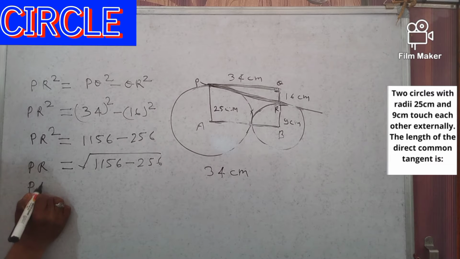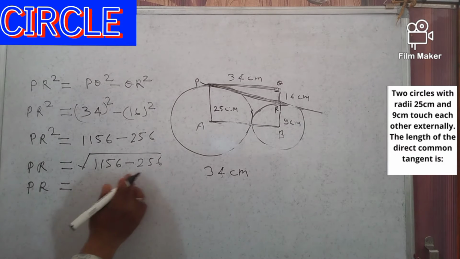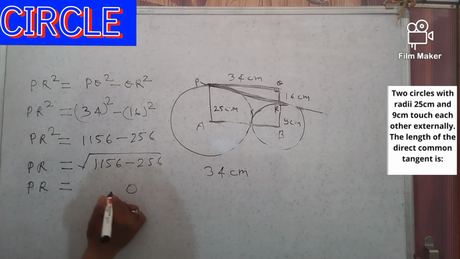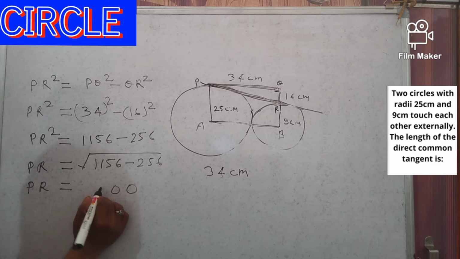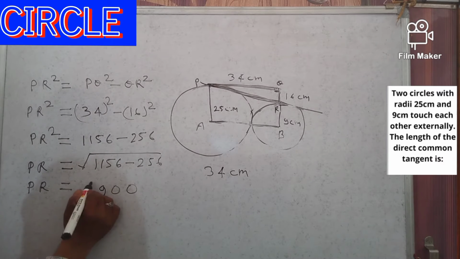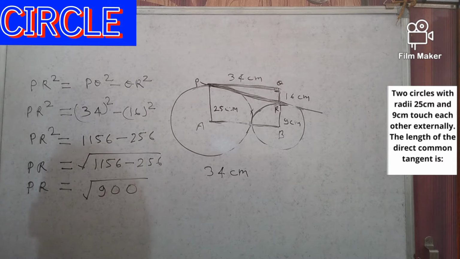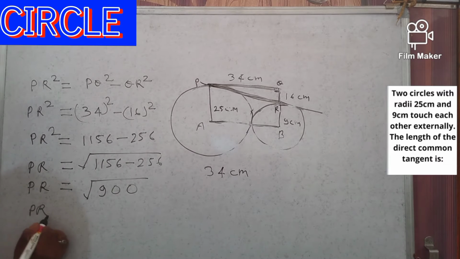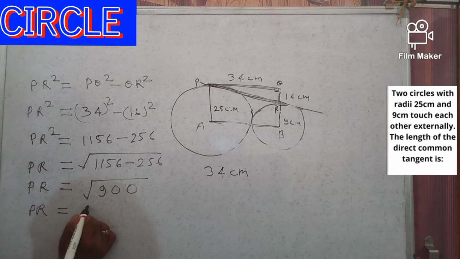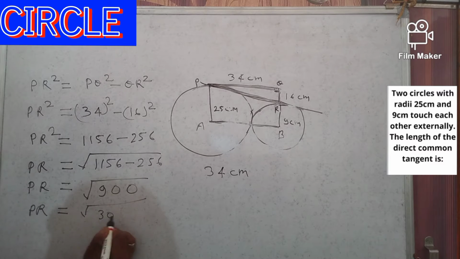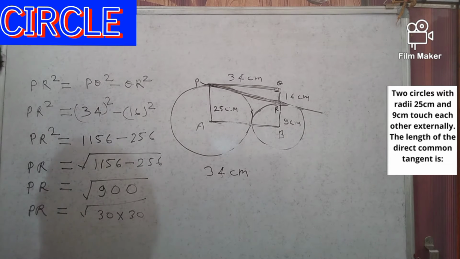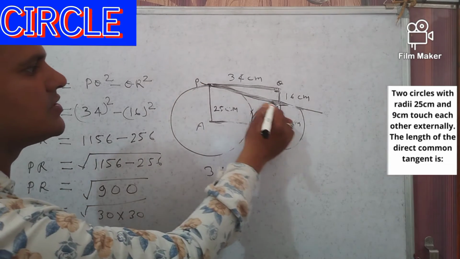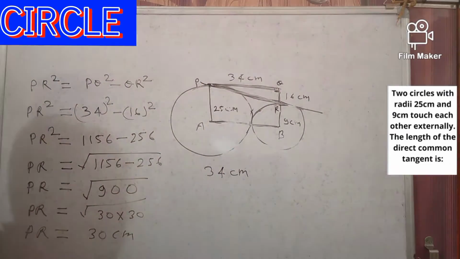So PR is equal to under root 900, which is under root 30 into 30. So PR is equal to 30 centimeter. So this length PR will be 30 centimeter, right?